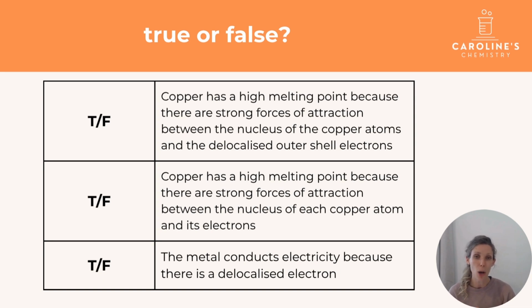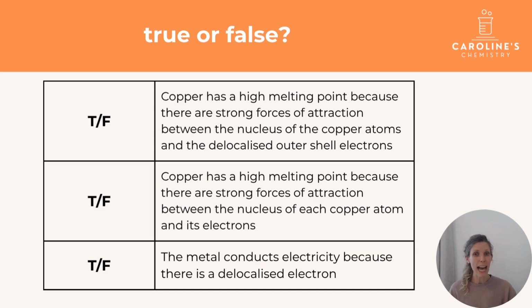Second one: copper has a high melting point because there are strong forces of attraction between the nucleus of each copper atom and its electrons. True or false? That one is false. There are two things that are missing here that make this incorrect. The first bit, see if you've spotted it, is that it says "and its electrons". Remember, not all of the electrons in every atom are free to move.